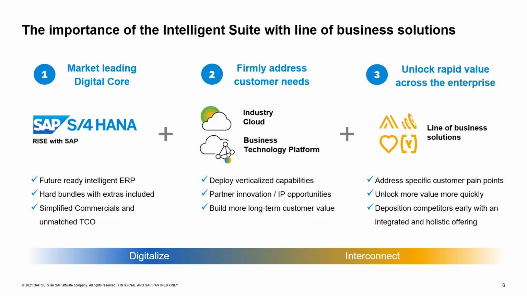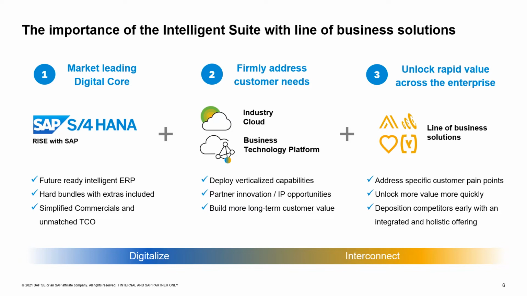Let's take a look at these columns here. First, you start with a market-leading and future-ready ERP. That's SAP S/4HANA. There are new offerings in the market with Rise with SAP, which also simplify the commercials and deliver unmatched total cost of ownership.